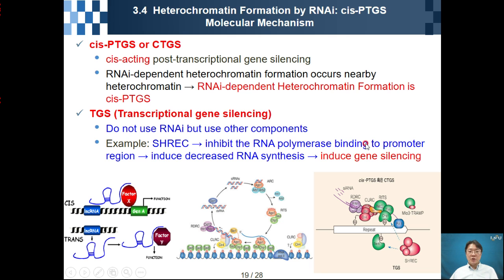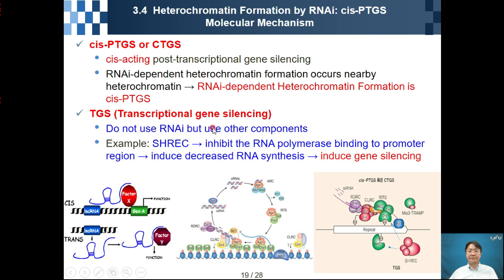So it will induce decreased RNA synthesis, and decreased RNA synthesis means gene silencing. In these cases, we call it transcriptional gene silencing. It does not use RNAi. It just inhibits RNA polymerase binding to the promoter, so gene silencing happens simultaneously. So this is TGS.